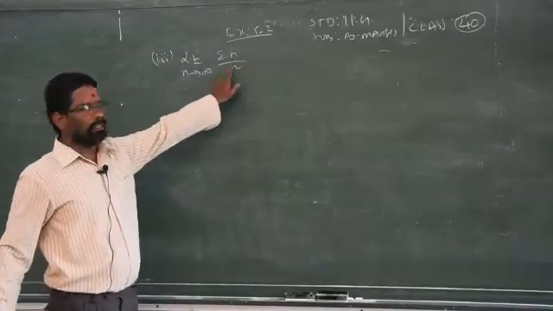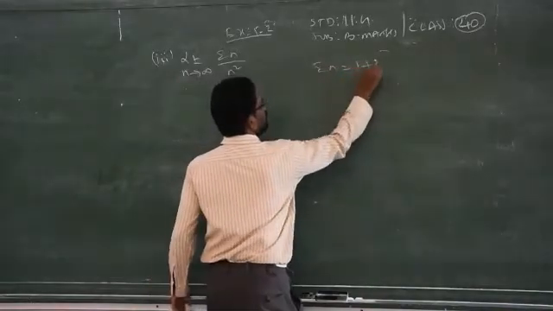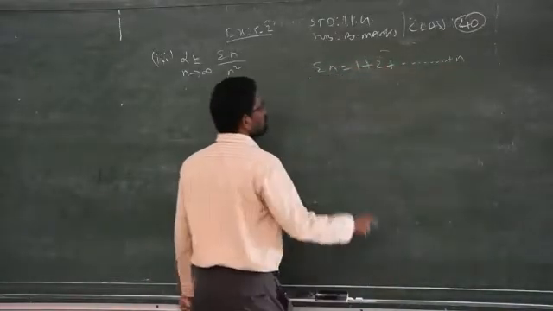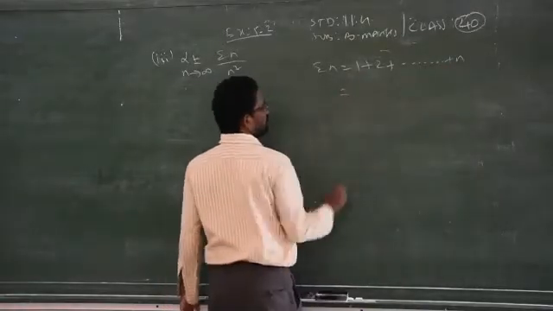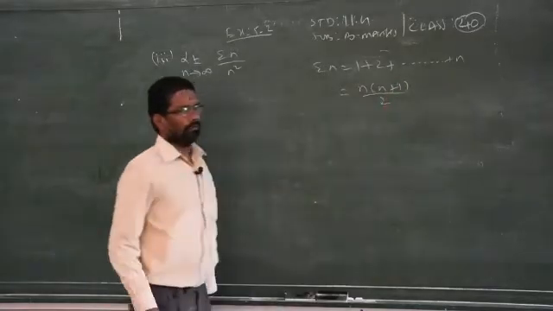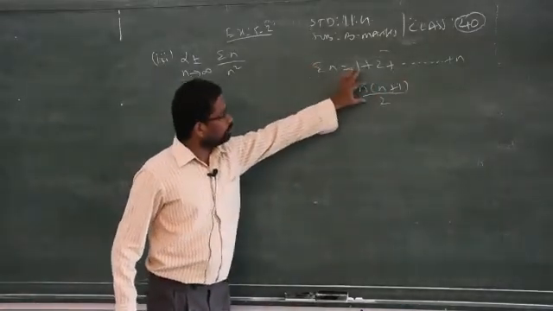So what is meant by summation? n is a natural number. The summation n is what you studied earlier in 10th standard: 1 plus 2 plus so on up to n. So what is the formula for the sum of the natural numbers? n into n plus 1 by 2. This is the formula. So instead of writing it like this, they gave simply summation n. So you have to use this formula.